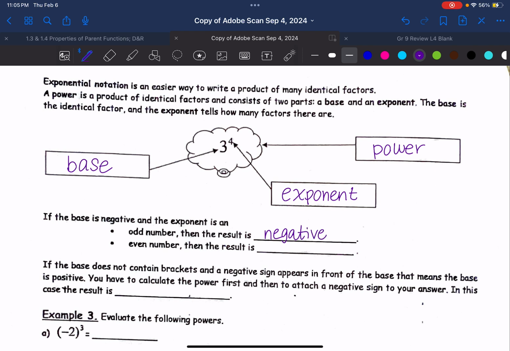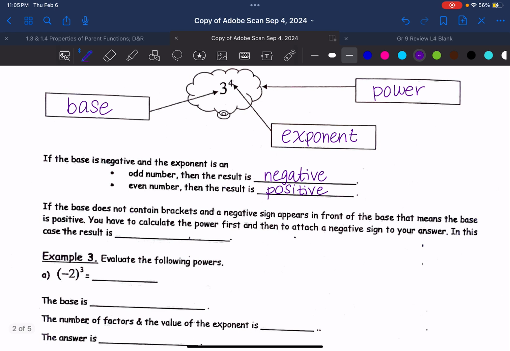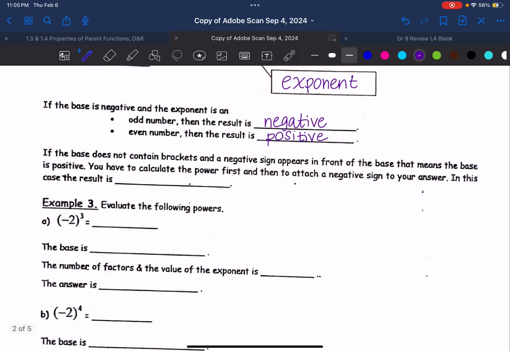Versus if we've got a negative base, but our exponent is an even number, so that could be like 2, 4, 6, or 8, then we're going to have a final answer that is positive. And we're going to see this play out in the examples below. But our last rule is if we have a base that's negative, but there are no brackets surrounding this negative sign, then that means that our base is actually positive, but then we're just saying whatever our result is times by negative 1.